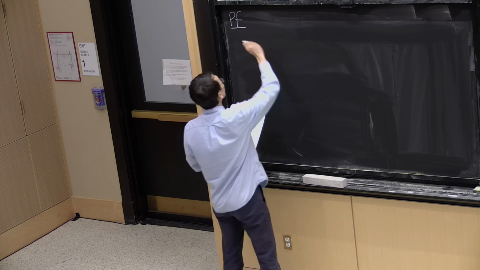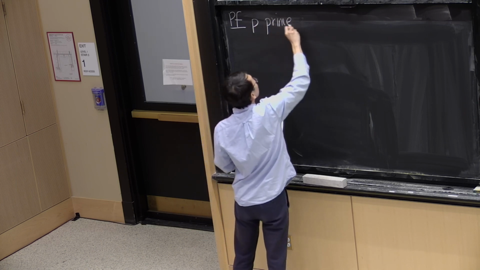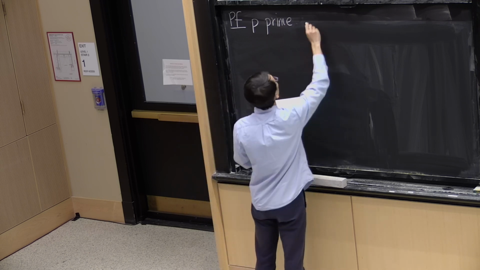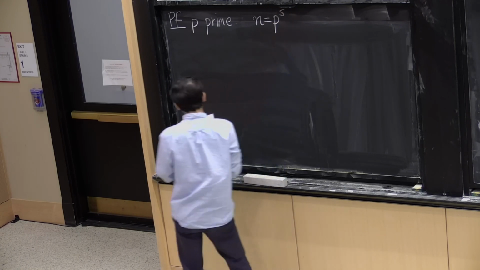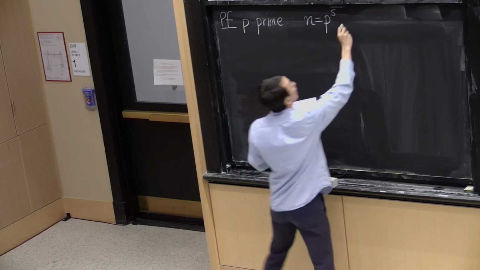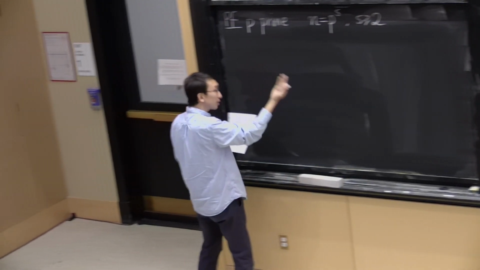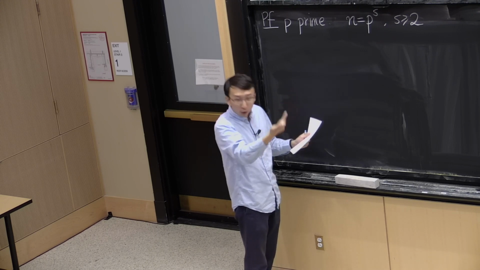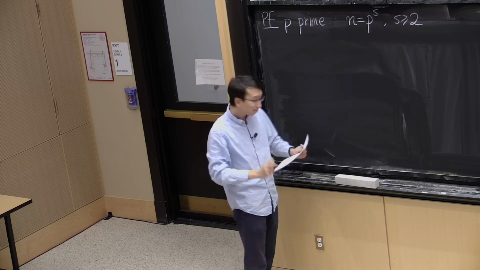So as before, we start with p a prime, and we will take n to be p raised to the power s, and let's restrict s to be an integer at least 2. And of course, same as last time, if you have other values of n, take a prime close to the desired value, and then take it from there.